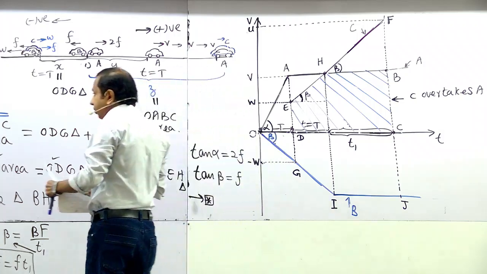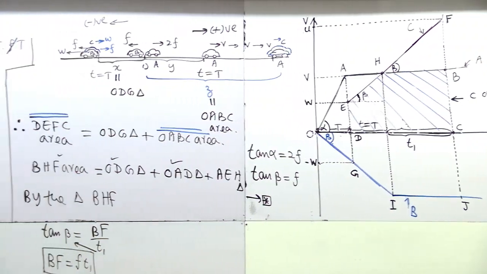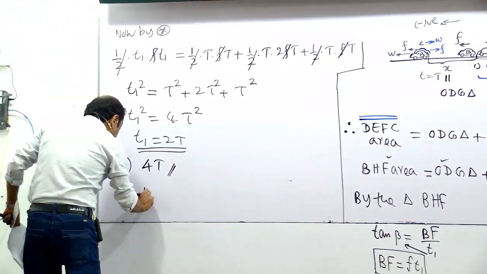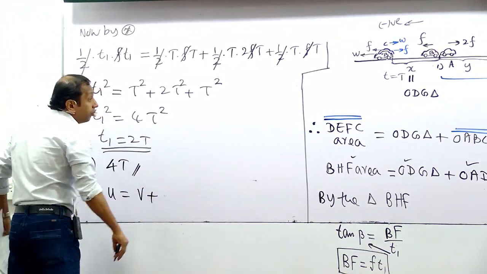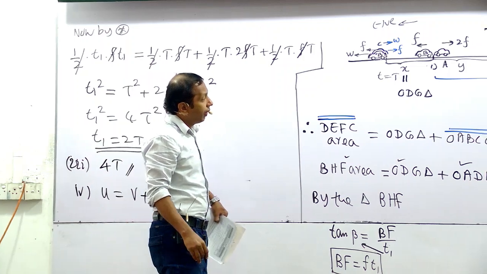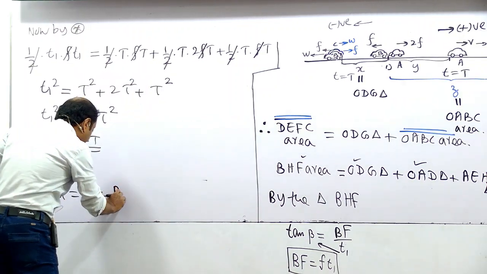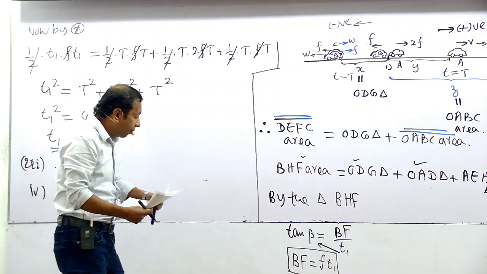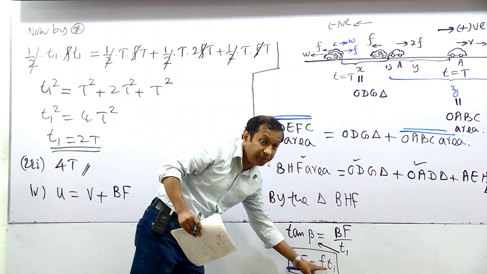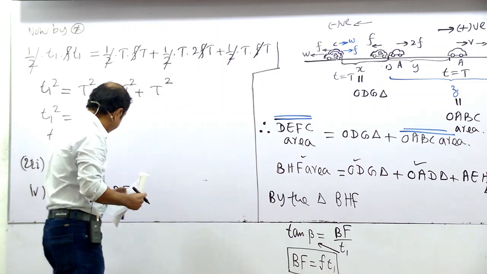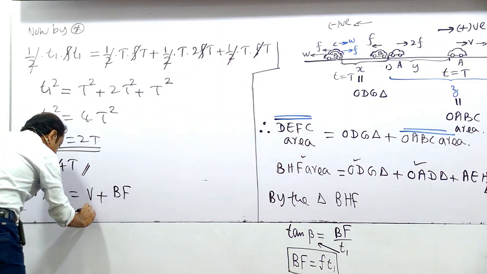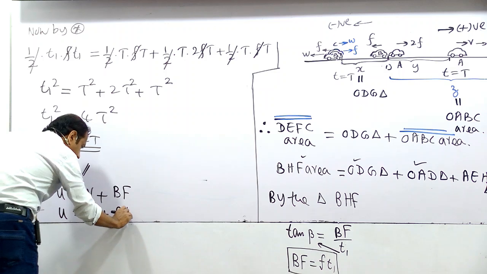Fourth one we can write. U equals V plus BF. But you know BF is FT1 here. Put that, FT1.